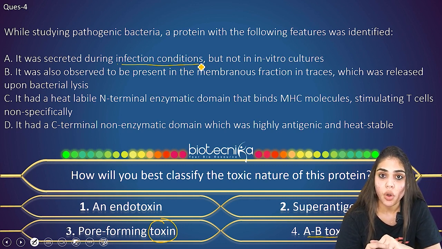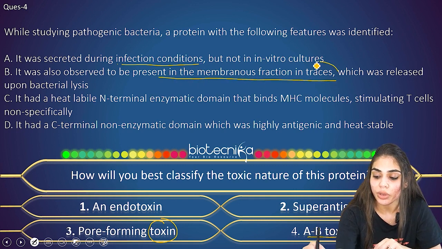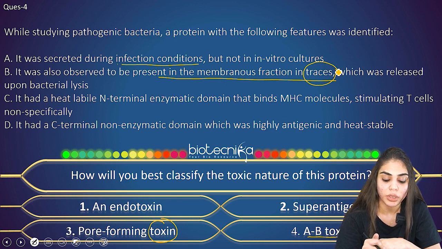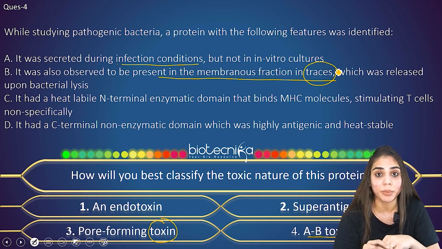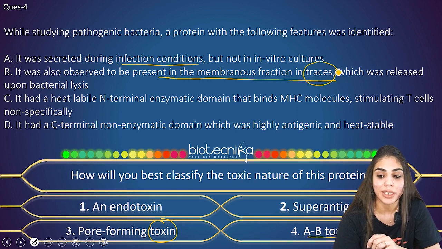The second feature that they observed was that it is present in the membranous fraction in traces. In traces means it is present in very small amount. And endotoxin is a part of the bacterial membrane, a secreted part of bacteria, but it comes out only upon lysis of the bacterial cell.